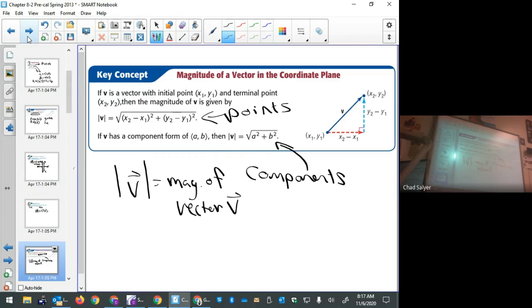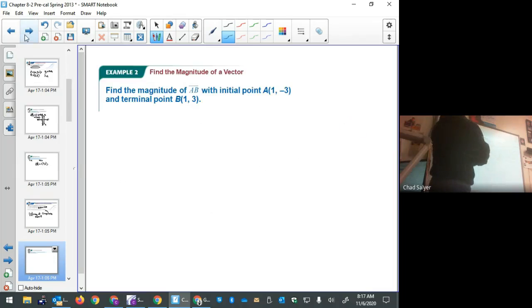A lot of different mathematicians over the years have just decided to go to this old standby to represent this certain thing. All right, that's finding the magnitude, so let's employ it.